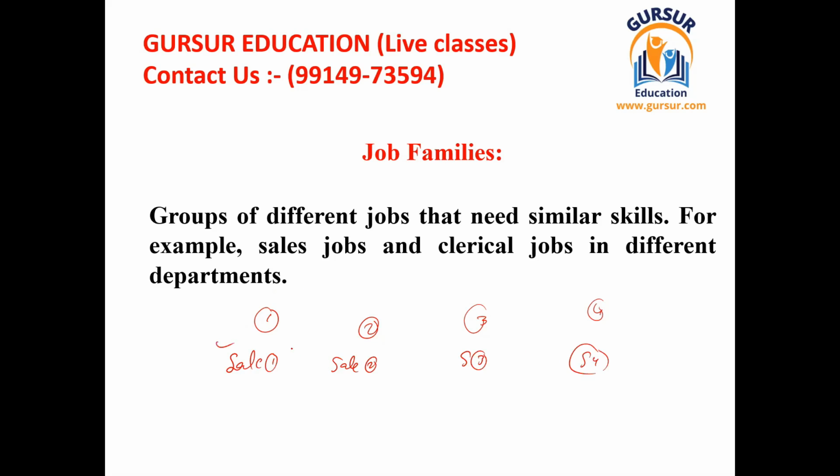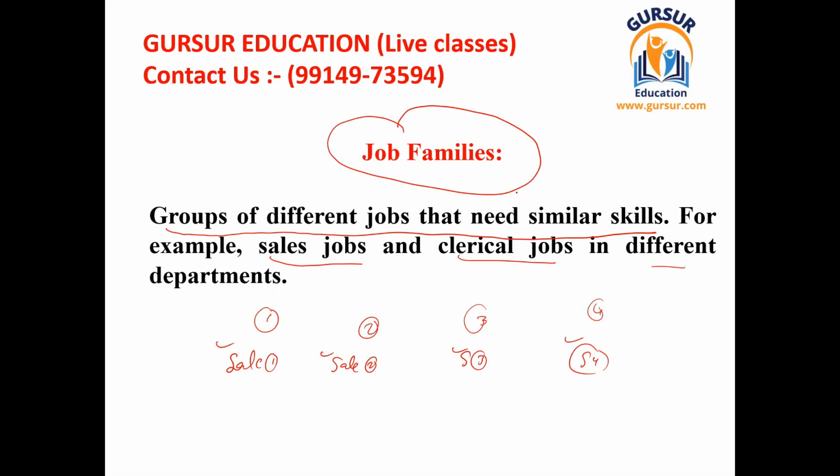So there are four salesman positions, and these different positions in different departments are known as job families. It is a group of different jobs that need similar skills, like sales jobs and clerical jobs as well.